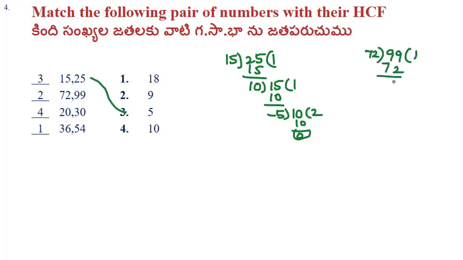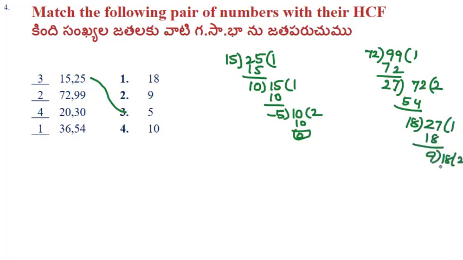here 27. Next, 7 2s are 54 and the remainder is 18, and also 18 ones are 18, remainder is 9, 9 2s are 18. So the HCF is 9.